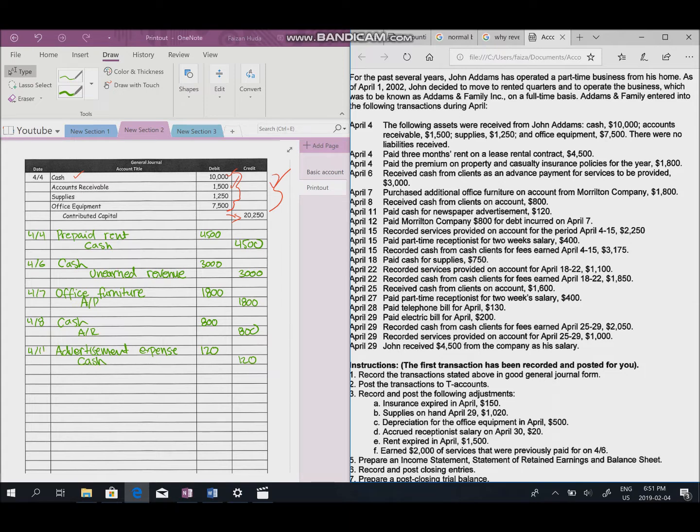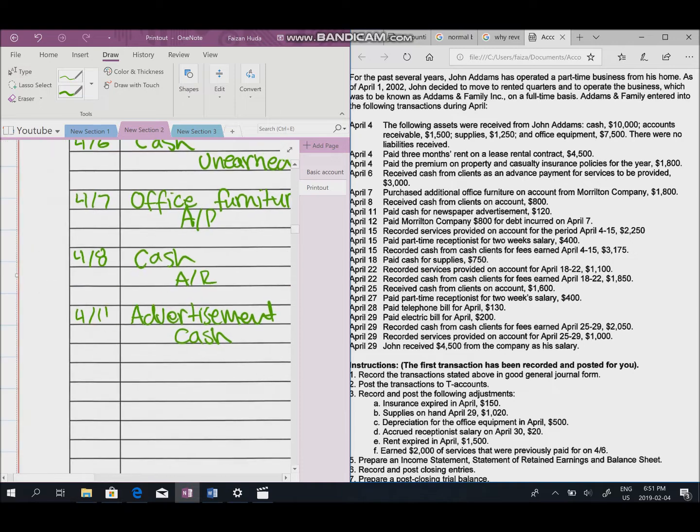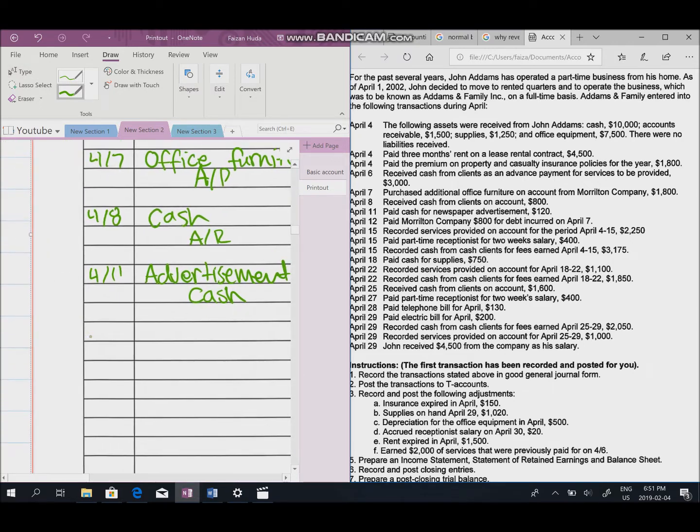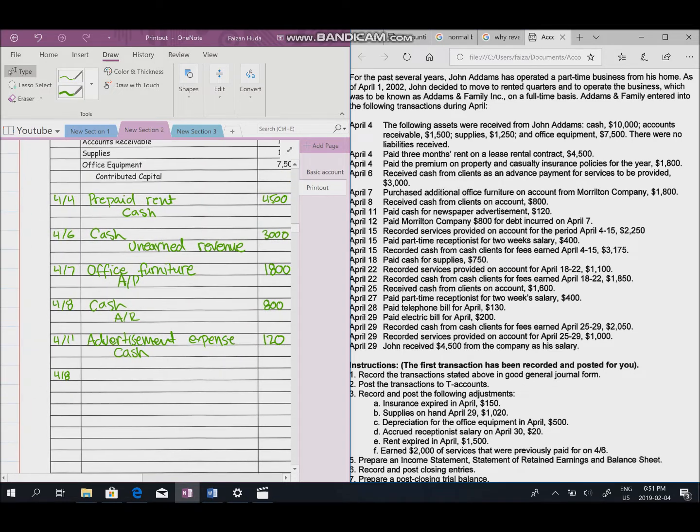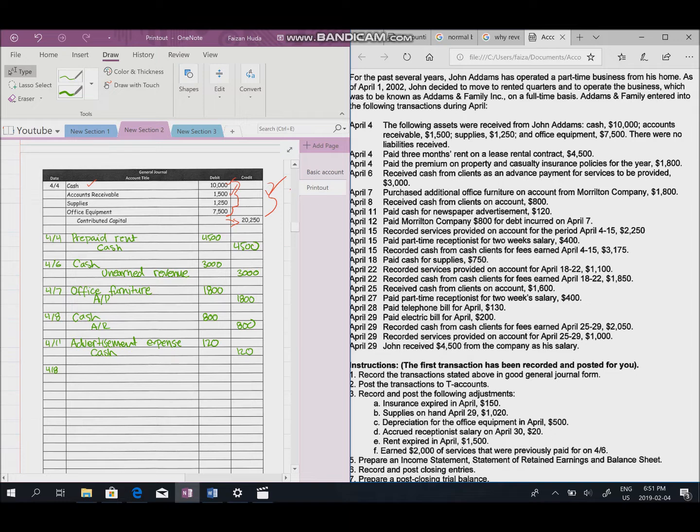Again, keywords are here: paid and insurance policy. And for this transaction, since we are paying them, and by the way, if you ever miss an entry, don't get hesitant or worried.